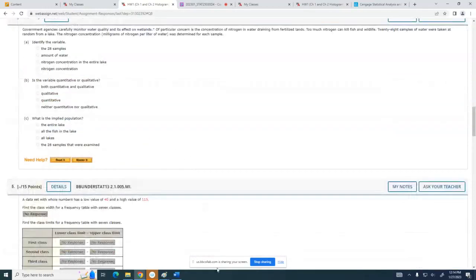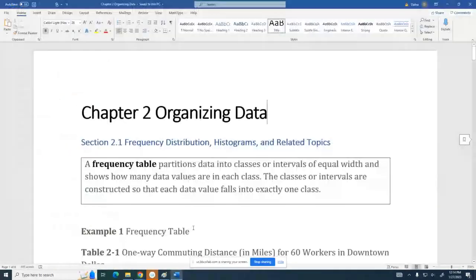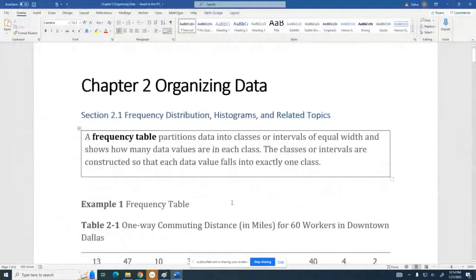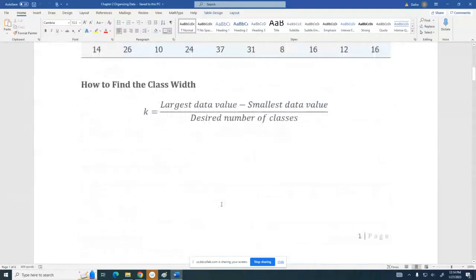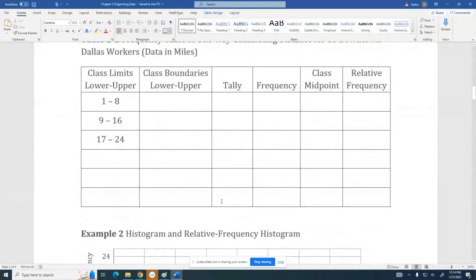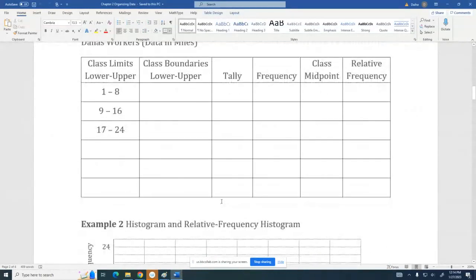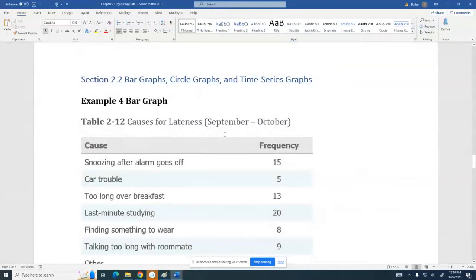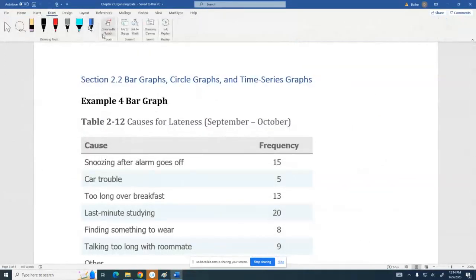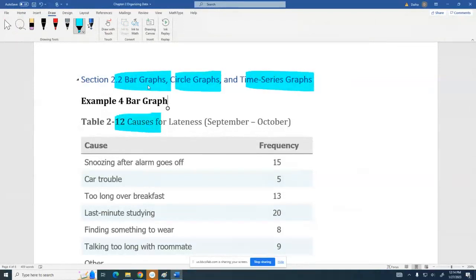So that was homework number 1, and I already posted homework number 2. Before, we had the numerical variable, so we made the frequency table and histogram, and homework number 1 was due last Wednesday. Today, we are going to make the bar graph and circle graph and more.